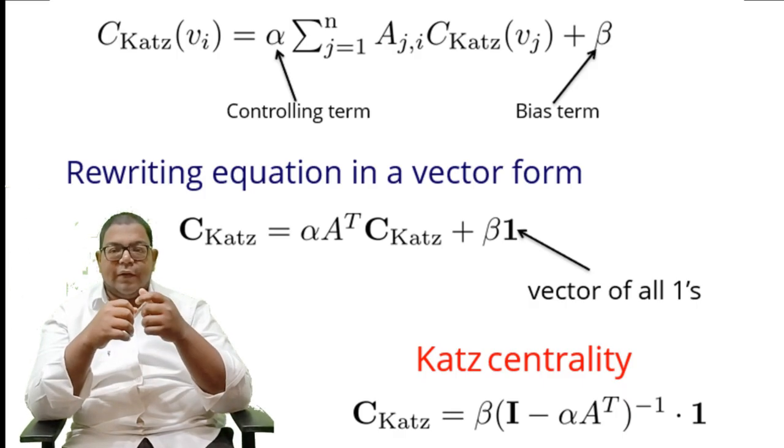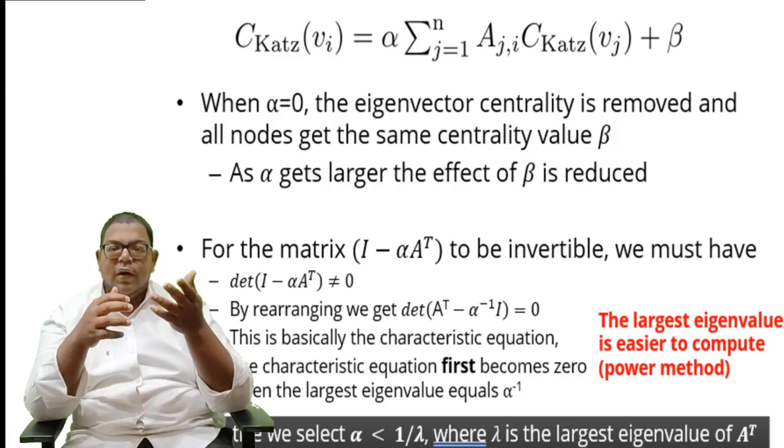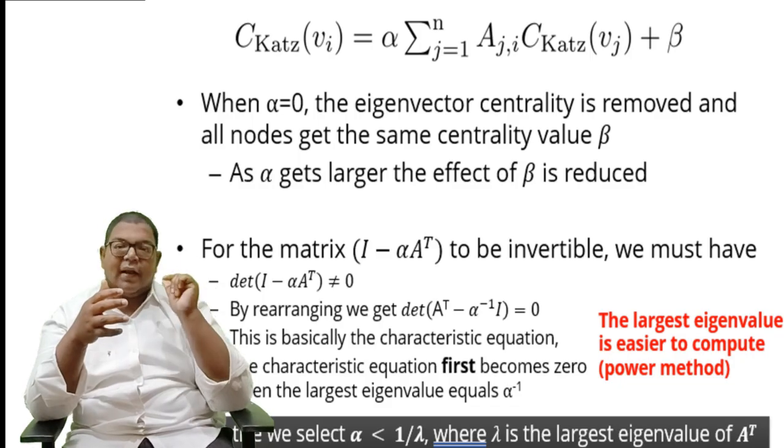When alpha is 0, the eigenvector centrality term is removed and all the nodes get the centrality value beta. The formula states the centrality of a node i equals alpha times the sum of its neighbors' centrality plus beta. So if alpha is 0, everyone has centrality equal to beta. If alpha is close to 1 by lambda max, that maximum lambda, then Katz centrality approaches eigenvector centrality.